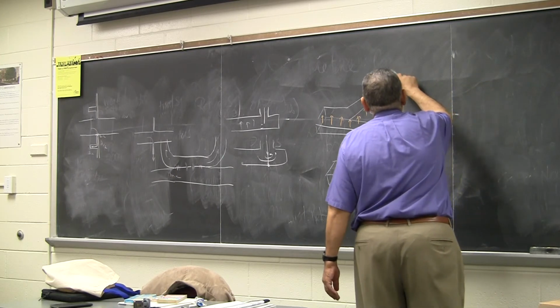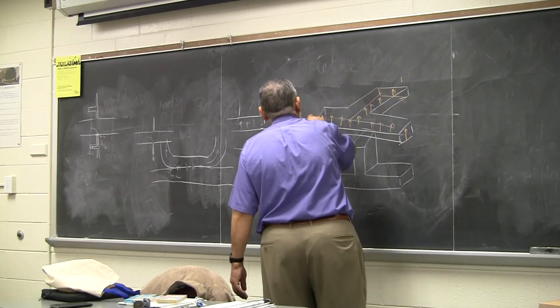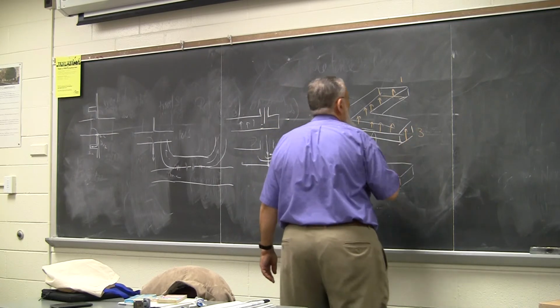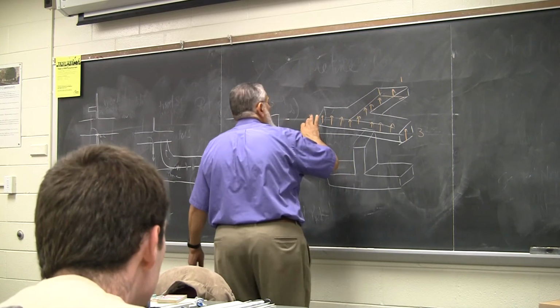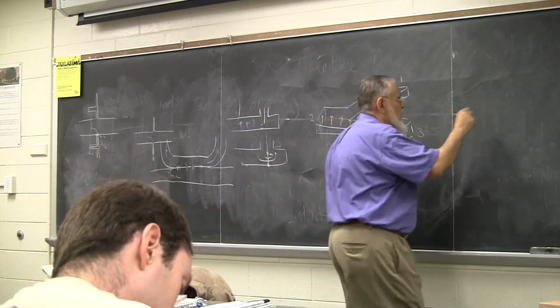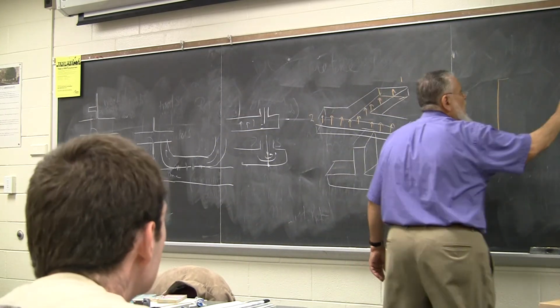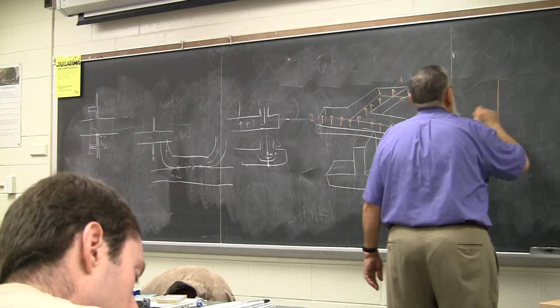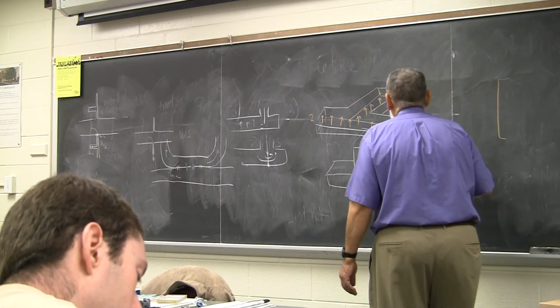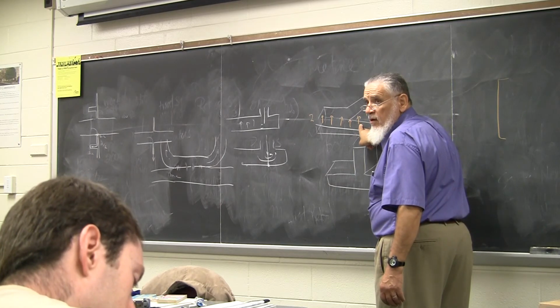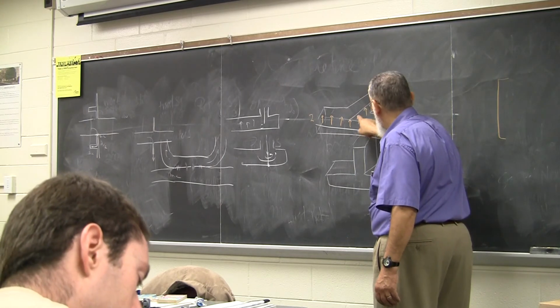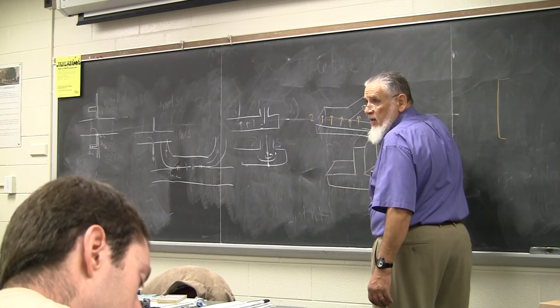So if you call this port 1, port 2, port 3, all right? Typically, well, that's okay, I already called them that way. So what happens here is this impedance and that impedance in parallel with that impedance, all right?